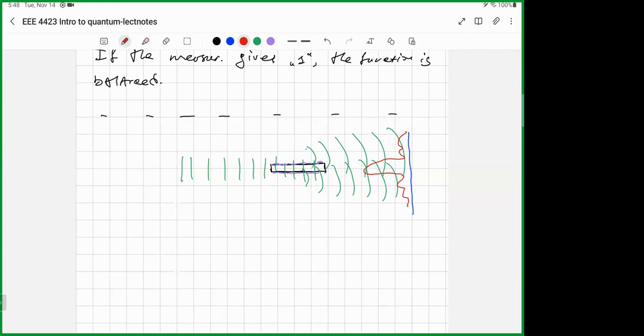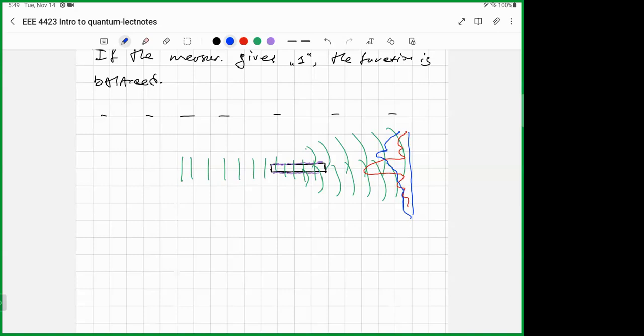However, if the two sides are different, then the interference pattern will be different too. And for example, it can be something like this. And this is the clear indication that the coin is genuine. So it's a good coin with two different sides.